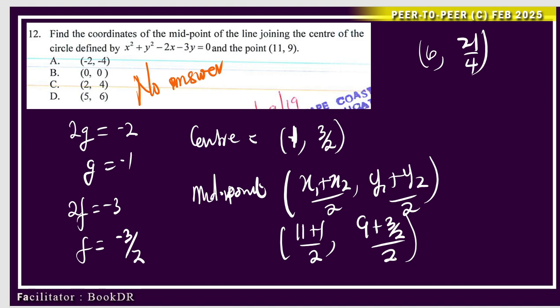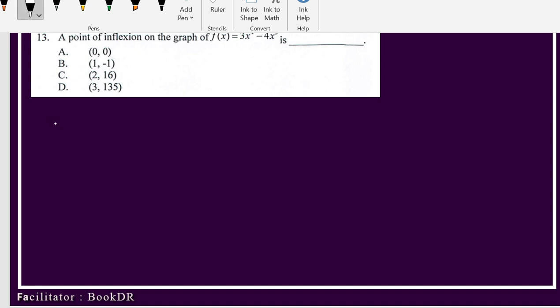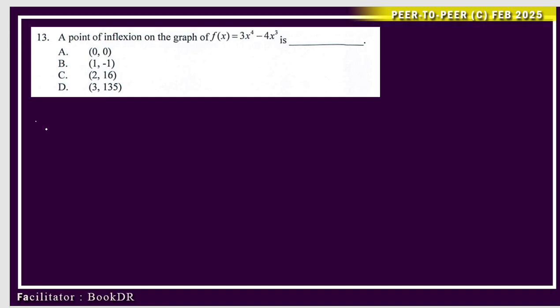So let's move on to question 13 quickly. We are far behind time. The point of inflection on the graph. So at the point of inflection, the second derivative is equal to 0. So first, let's find the first derivative. That is 12x cubed minus 12x squared. Then the second derivative.